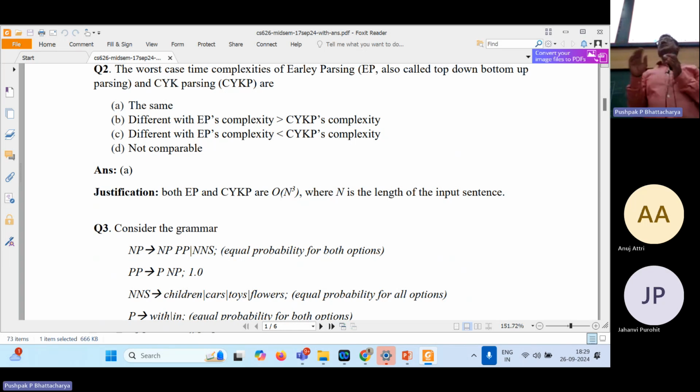But you see the complexity is always in terms of the length of the input, by definition. And also asymptotically speaking, what is the behavior? As n tends to infinity, there is no difference between k n cube and n cube.